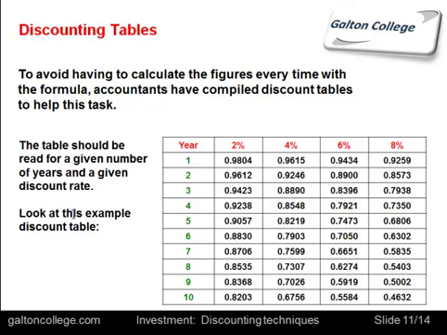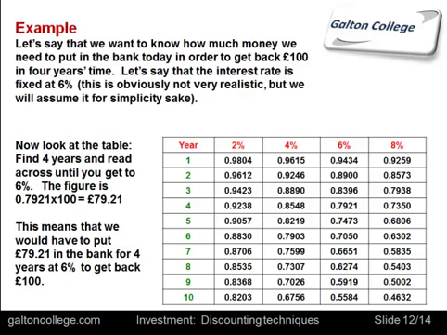And let's look at this example, the example I cite here below. Let's say we want to know how much money we need to put in the bank today in order to get back £100 in 4 years' time. Let's say that the interest rate is fixed at 6%. Obviously that's not very realistic, fixing a rate for 6% for such a long time, but never mind, let's just say it's a question. Now, it looks pretty daunting as a question until you realize how simple it is when you use the table.